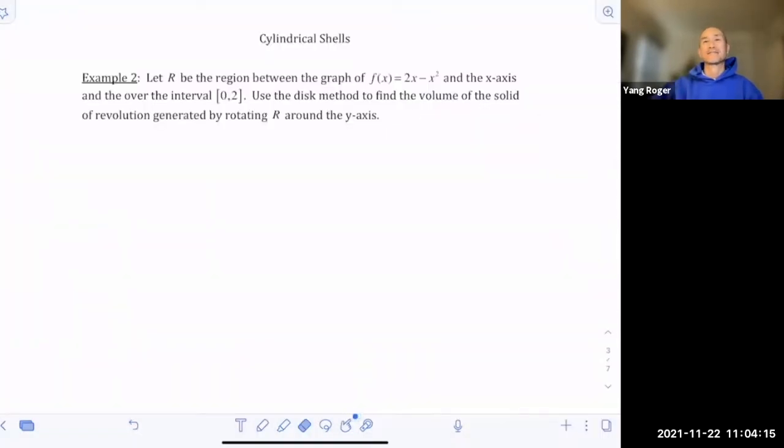Let's take a look at this guy. Let R be the region between the graph and the x-axis over this interval from 0 to 2. So we can draw a set of axes like this.